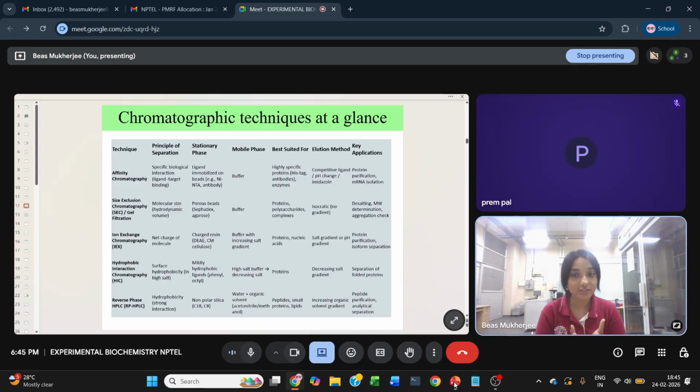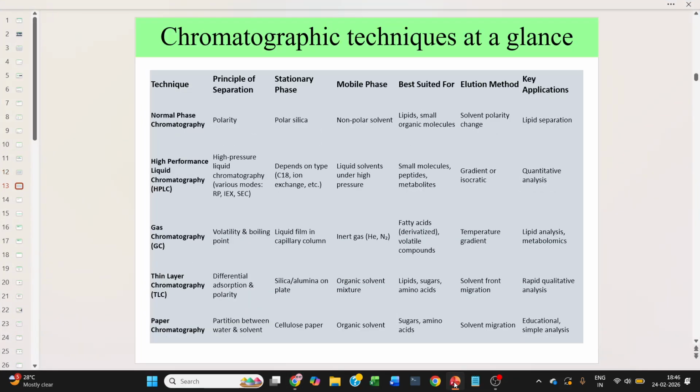Water plus organic solvent is used for mobile phase. Acetonitrile or methanol is generally used. Peptides, small proteins and lipids are all separated using reverse phase HPLC, and this is useful for peptide purification and analytical separation.